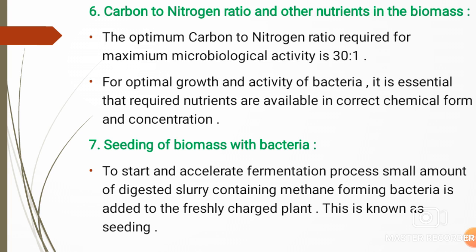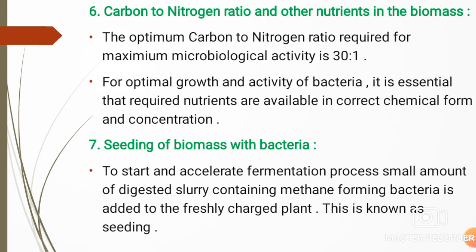To start and accelerate the fermentation process, a small amount of digested slurry containing methane forming bacteria is added to the freshly charged plant. This is known as seeding. That means the addition of the digested slurry to the freshly charged plant to start and accelerate the fermentation process.